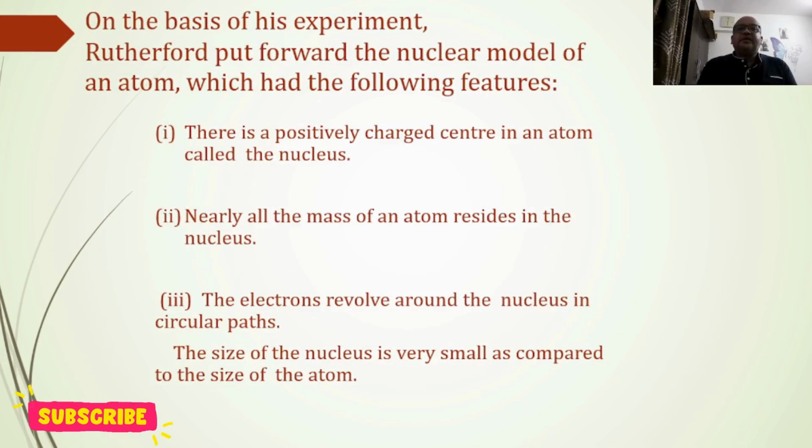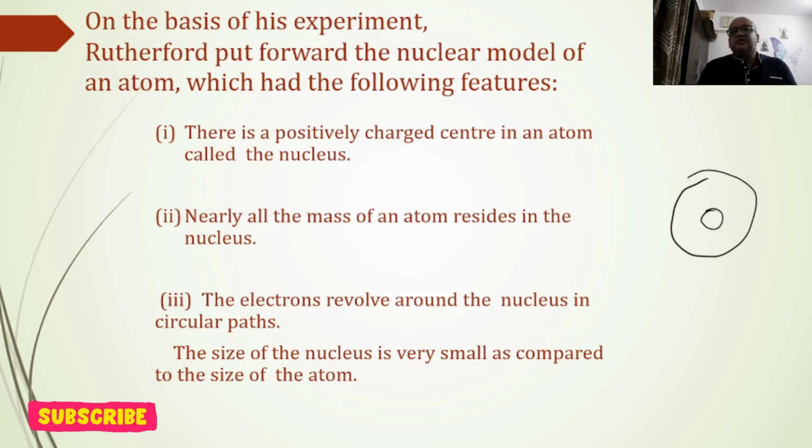Now on the basis of his experiment, Rutherford put forward a nuclear model of an atom which had the following features. Let us see what the features are. There is a positively charged center in an atom called the nucleus.